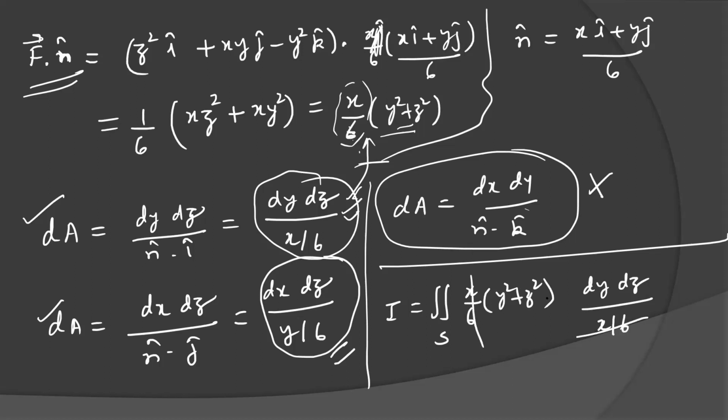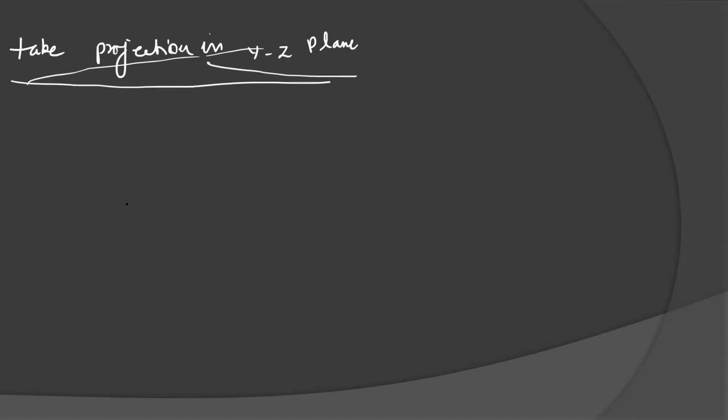Now you are in double integration dy dz. So take the projection in the yz plane. So you can see the limits of y and z are very easy here.